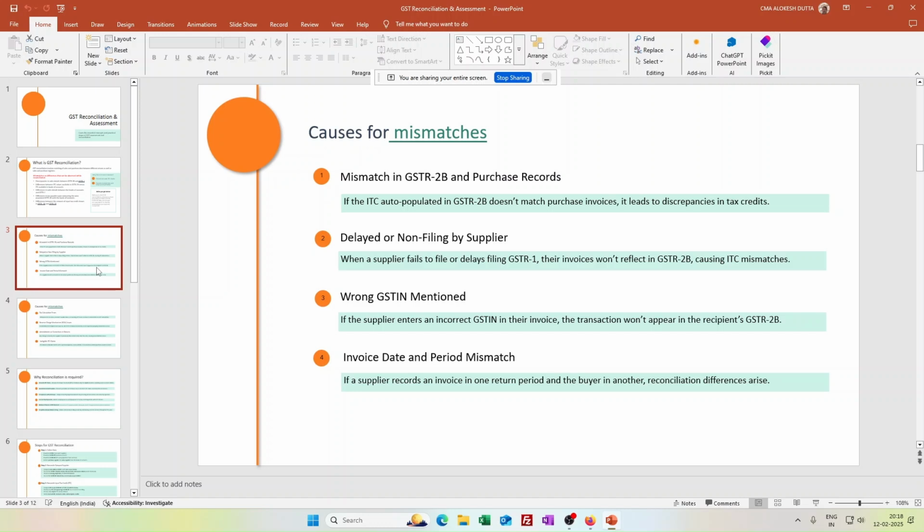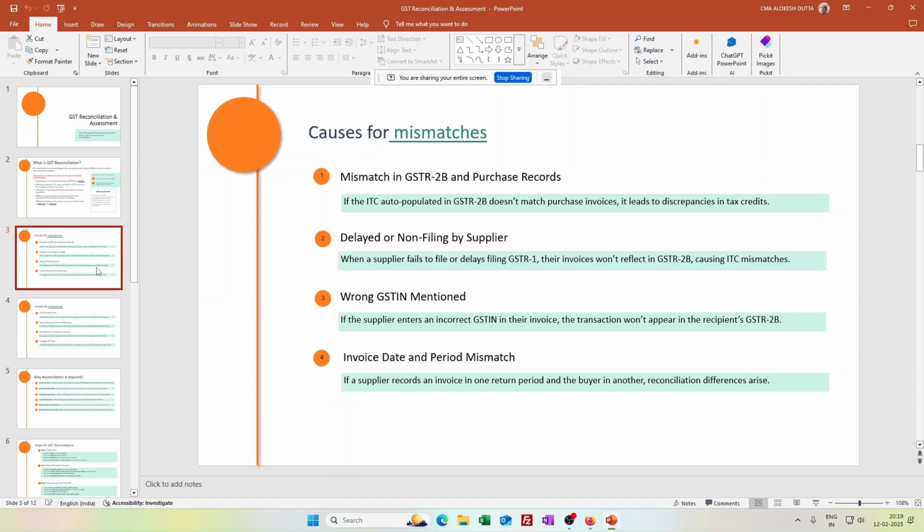Second reason is delayed or non-filing by the supplier. I have already told that if the supplier is not uploading his invoices, it is not reflected in GSTR 2B. Wrong GST number mentioned: if the supplier mentions a wrong GST number, it is not reflected in your GSTR 2B. Invoice date and period mismatch: the supplier is in the QRMP scheme or you are in the monthly scheme.